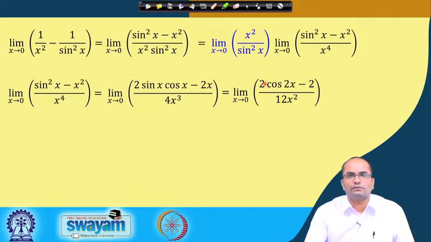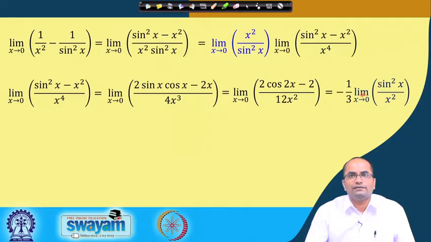So, now when we check this limit again, 2 times the cos 2 x and x goes to 0. So, cos 0 is 1. So, 2 minus 2, which is 0. So, again we have 0 by 0 form. But what we can do now, we can simplify a little bit.